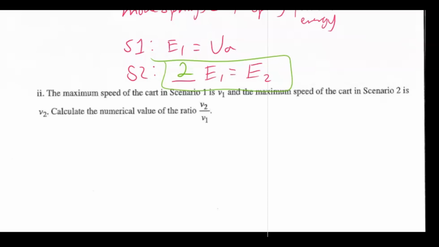The maximum speed of the cart in scenario 1 is V1, and the maximum speed of the cart in scenario 2 is V2. Calculate the numerical ratio V2 over V1. Let's write out what we know. Scenario 1 has E1 as its total energy.